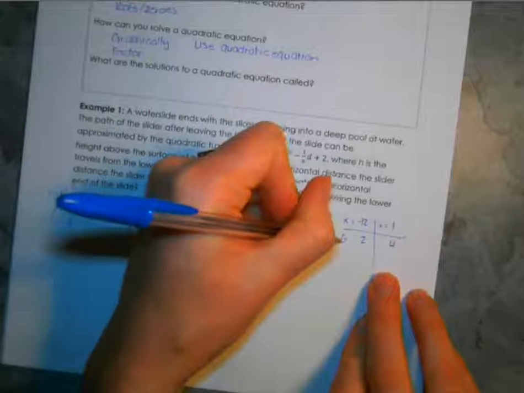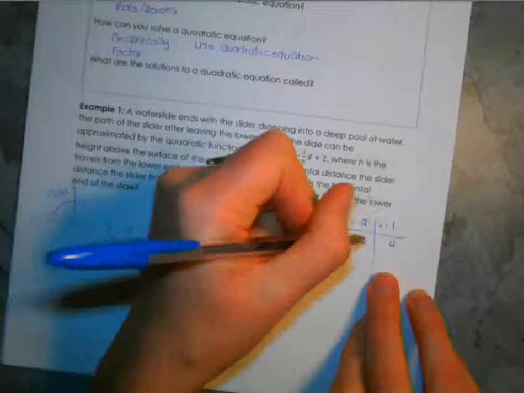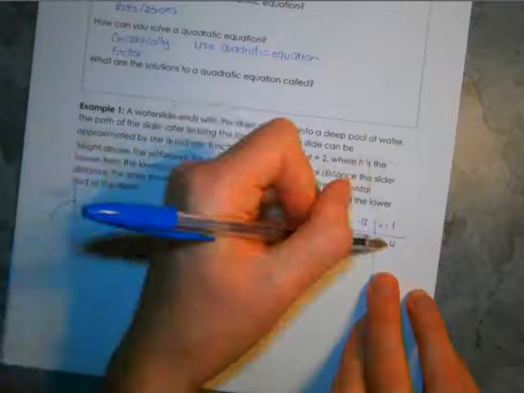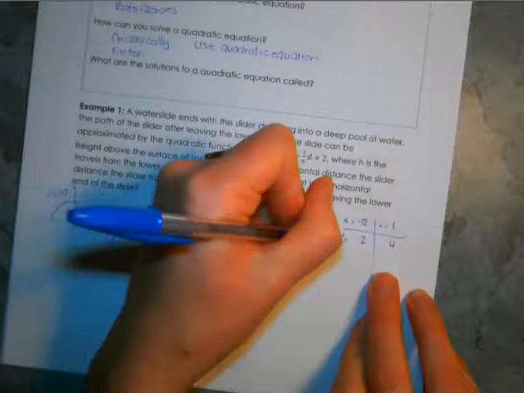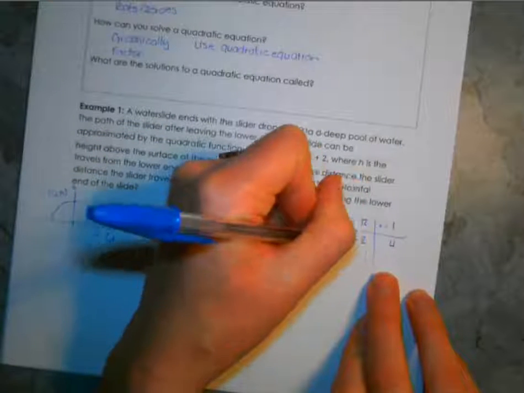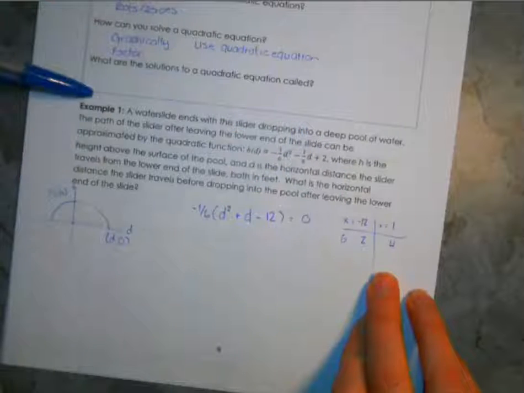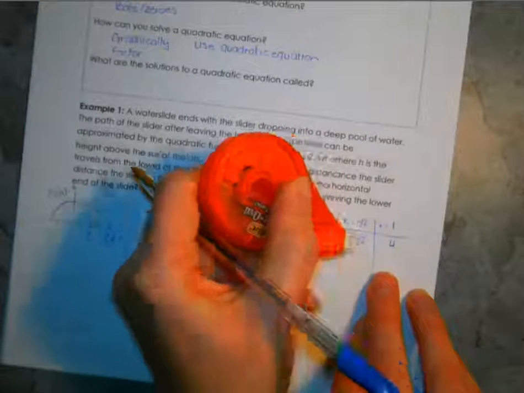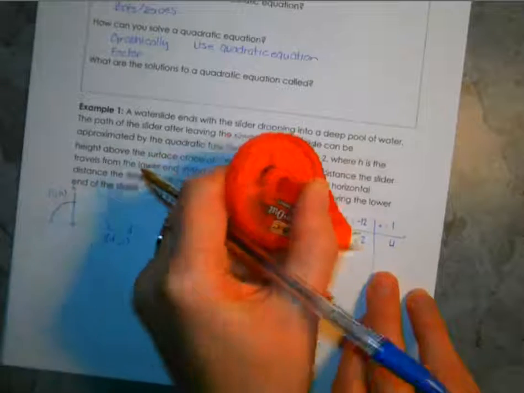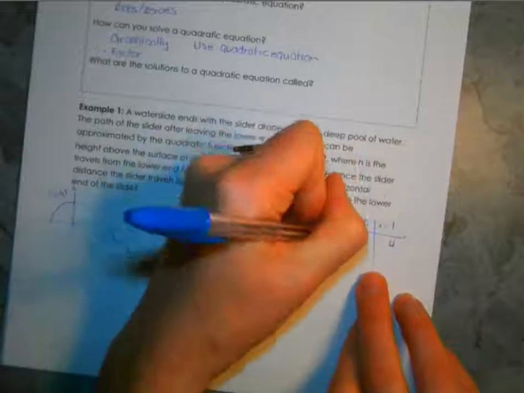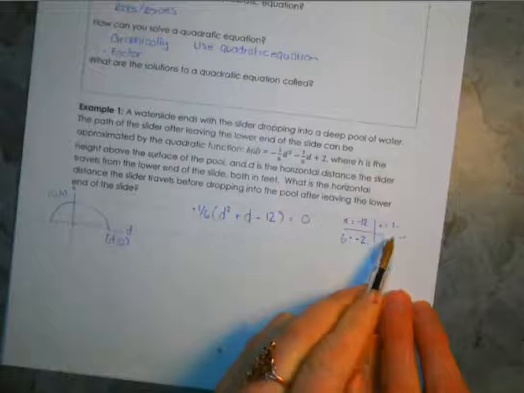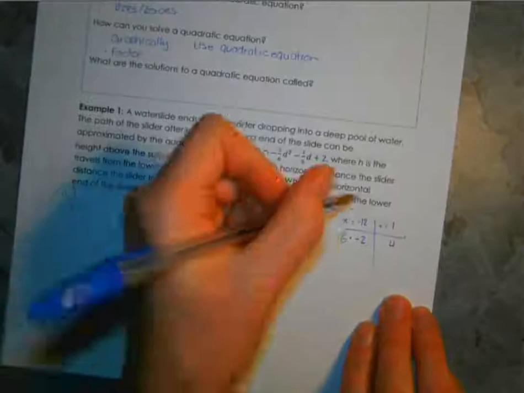So if you had -6 plus 2, you're going to end up with -4. If you have +6 minus 2, you're going to end up with +4. But we can tell from this that we're going to want the smaller value to be negative, because we want to end up with a positive value there.